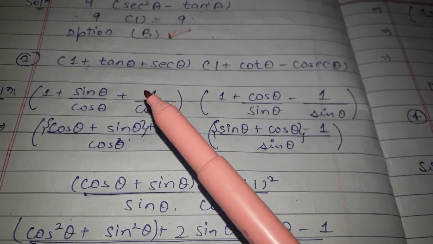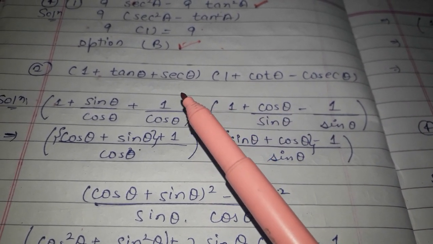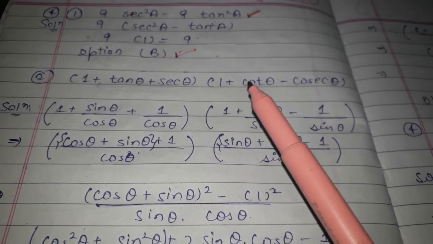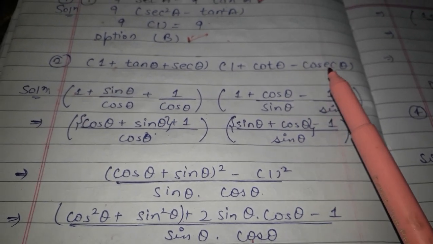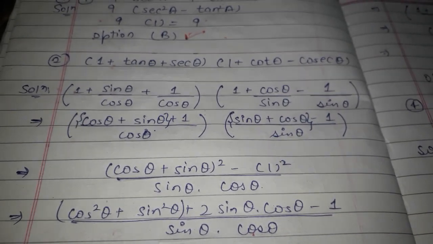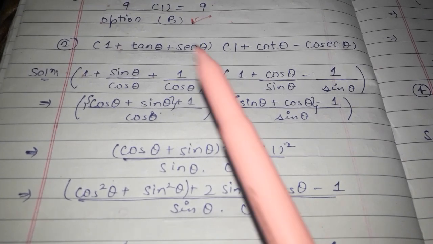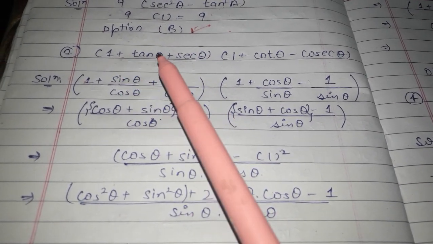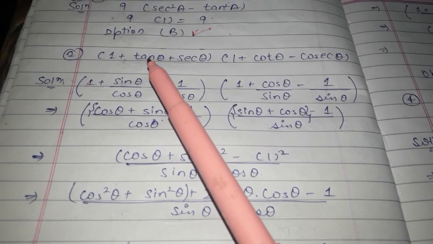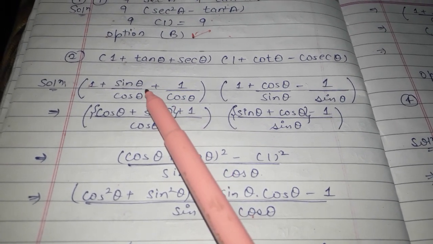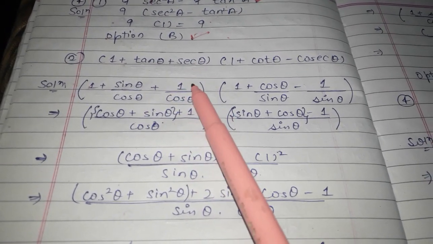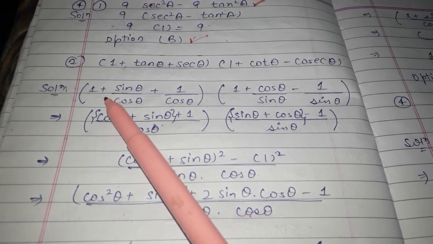Next is (1 plus tan theta plus secant theta) into (1 plus cot theta minus cosecant theta). We have to find the value of it and choose from the options. Now I am using the identity that tan theta is equal to sin theta upon cos theta, and secant theta is 1 by cos theta. 1 is written as it is.